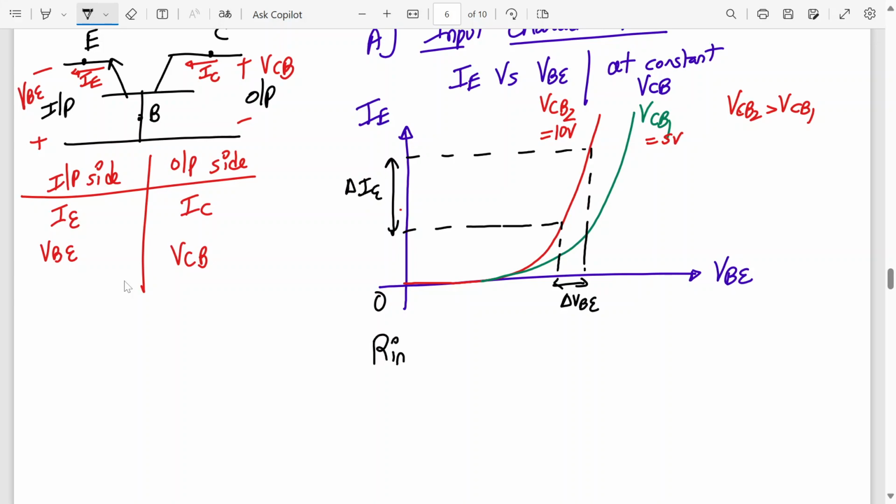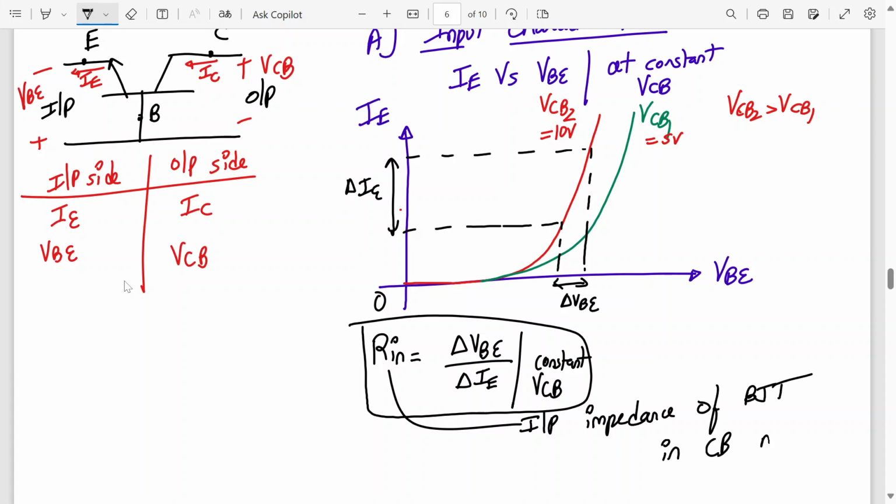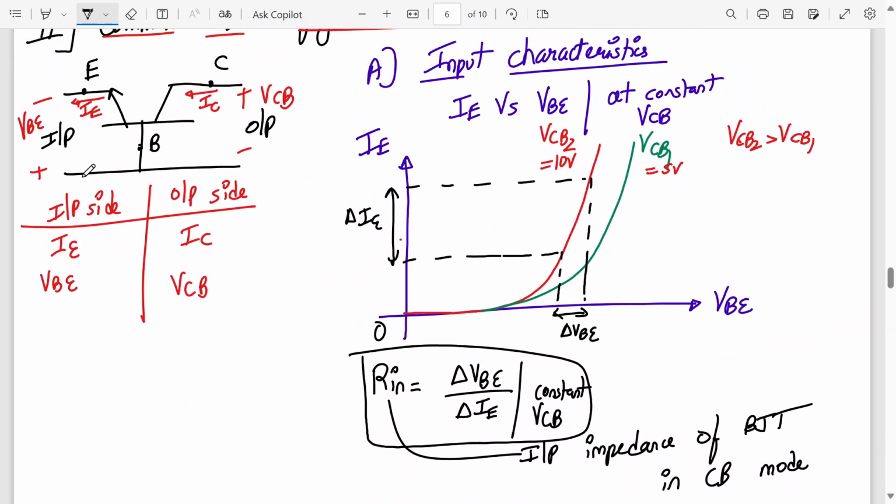So Rin will be delta VBE upon delta IE. That is the input resistance of the BJT at constant VCB. So this is the input impedance of BJT in common base mode. Alright, so this is what input characteristics will look like.